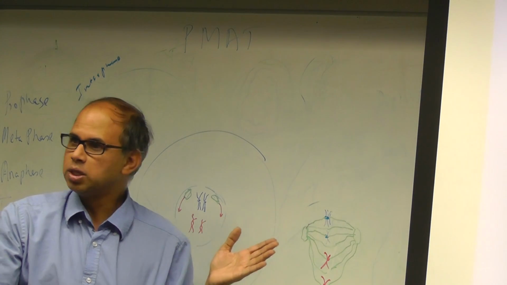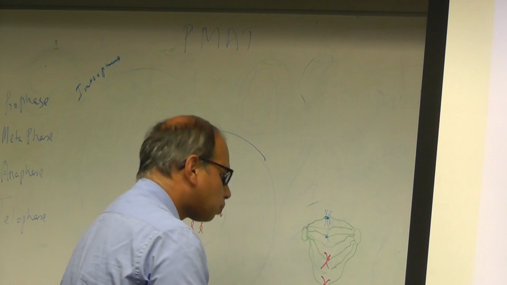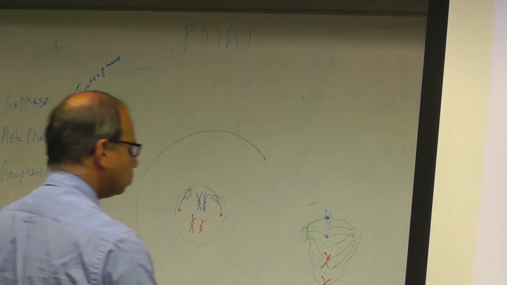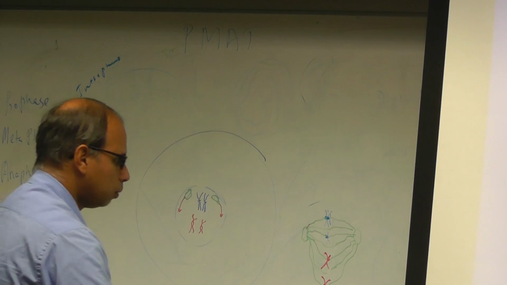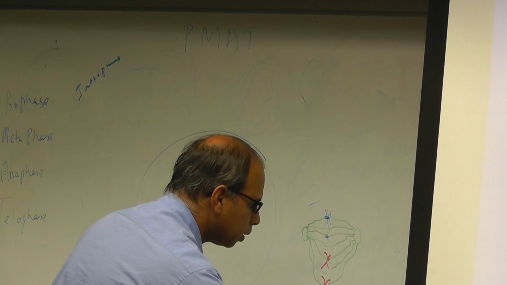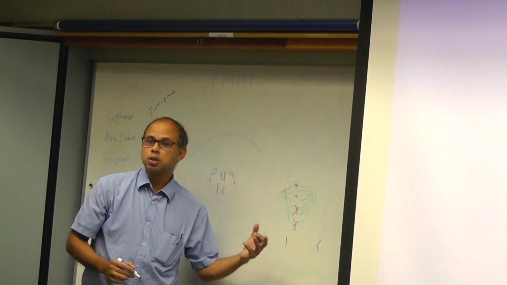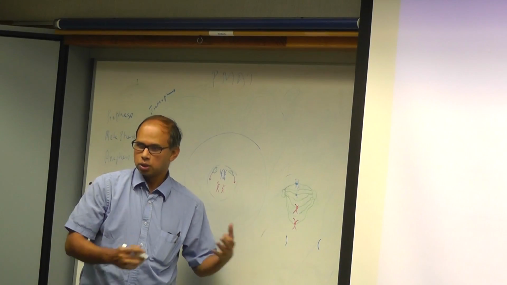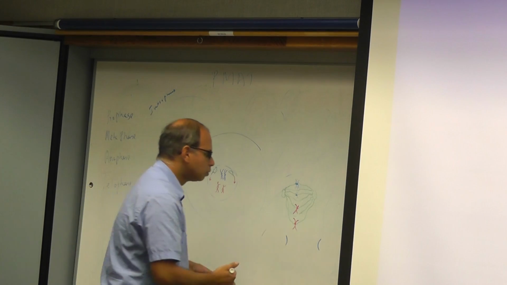Right? Amazing. And then in the next phase these have separated, and now you understand why there were these sister chromatids, right? Because for two cells you need two copies, right?